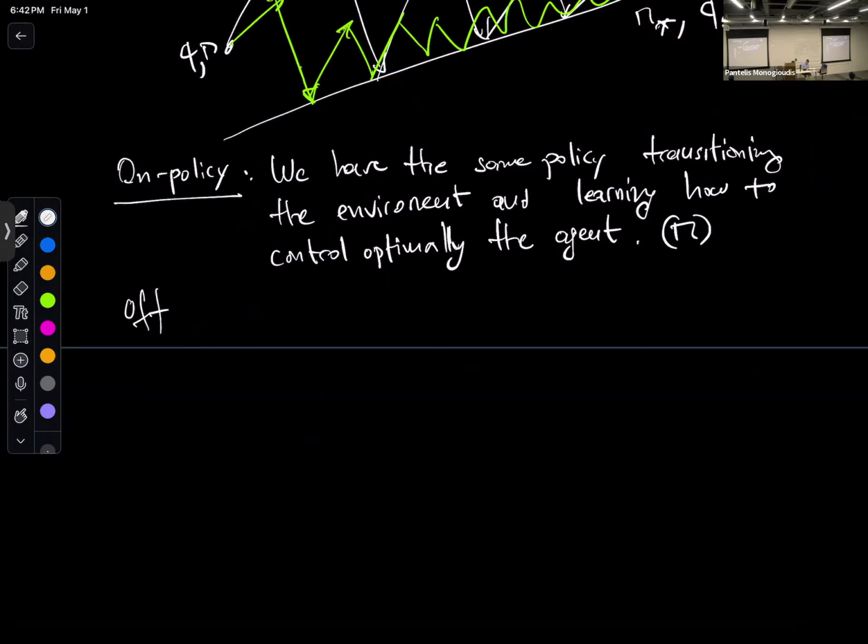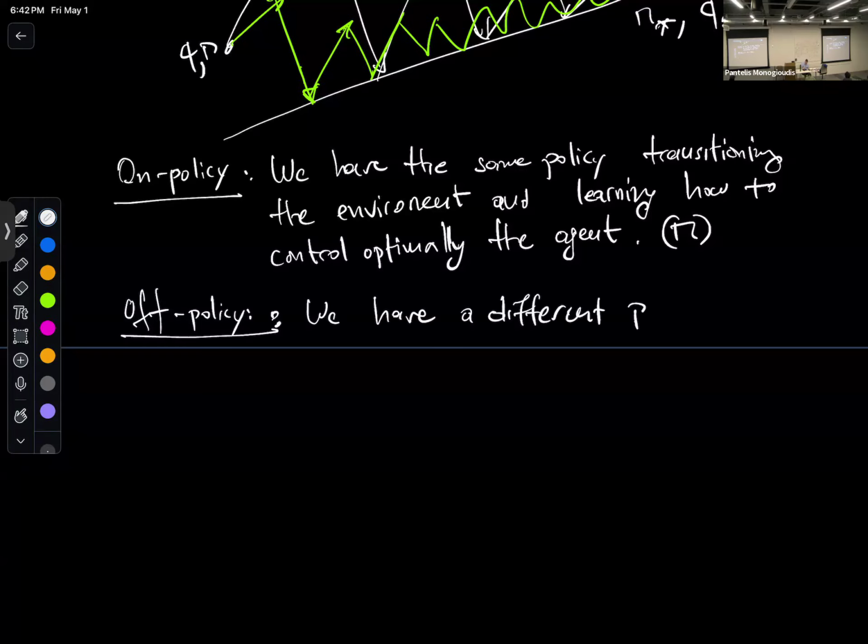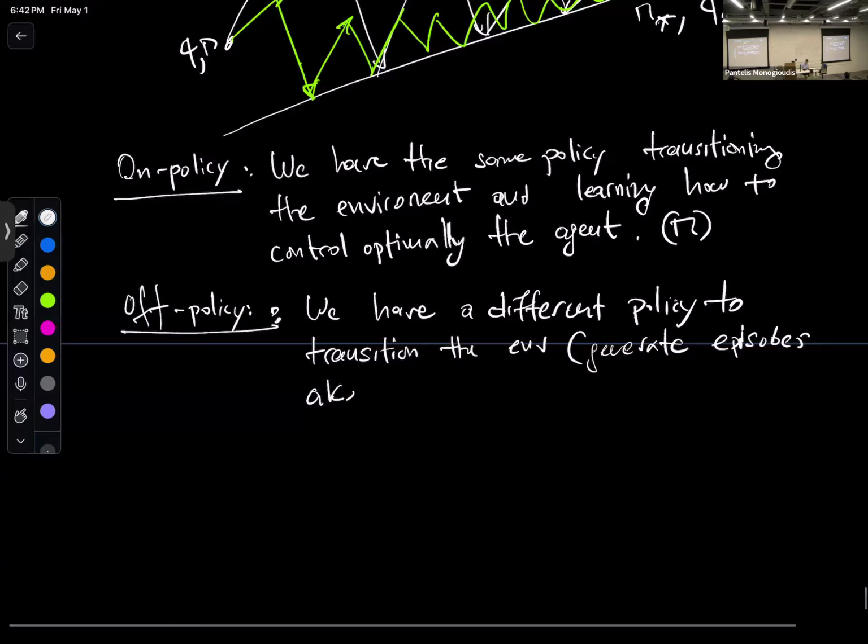The off-policy: we're going to have a different policy to transition in the environment, in other words, generate episodes, aka training data.